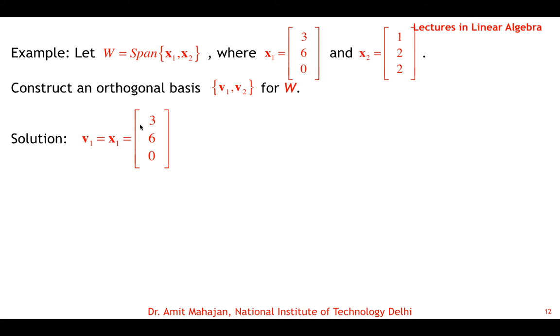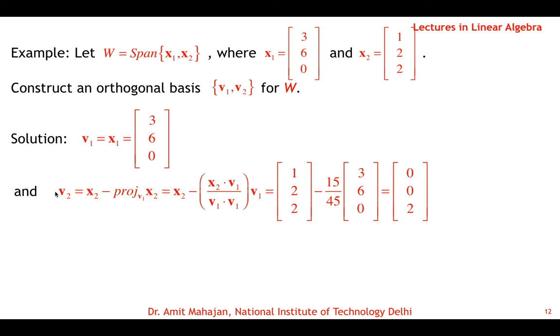v1 is 360, and now we want to calculate another vector which is perpendicular to this and lying in the same space. So v2 we will calculate from x2 as x2 minus the projection of x2 on the v1 vector.